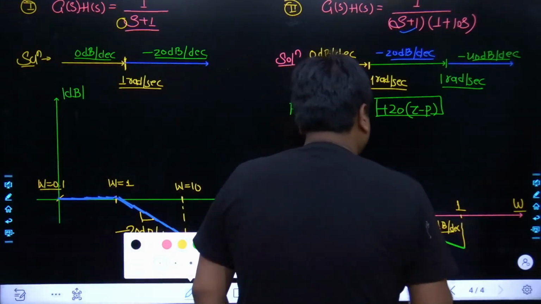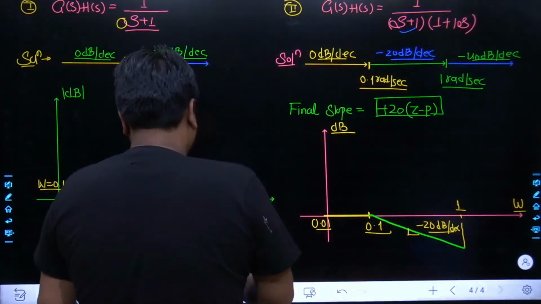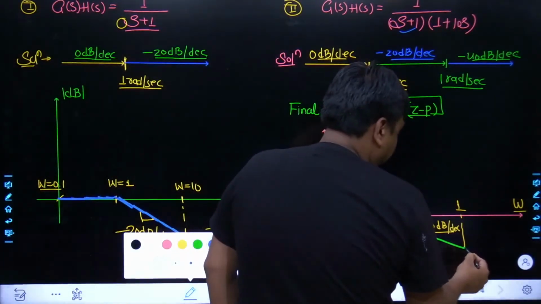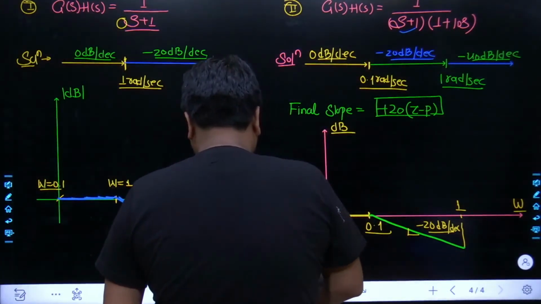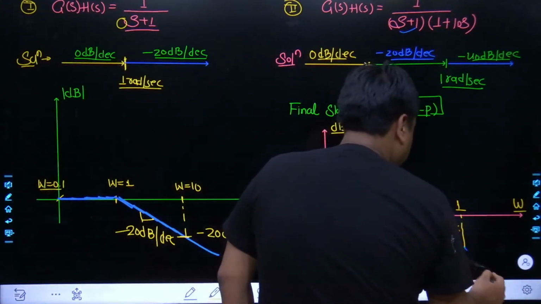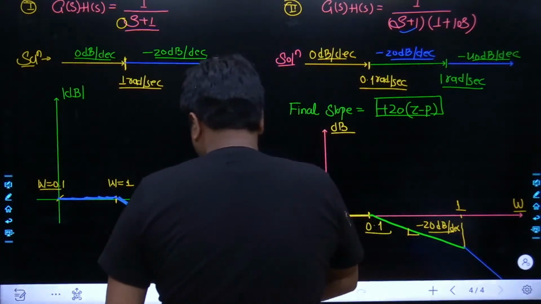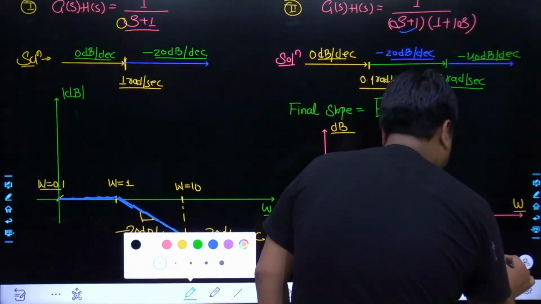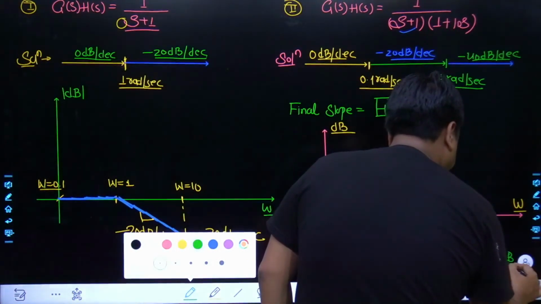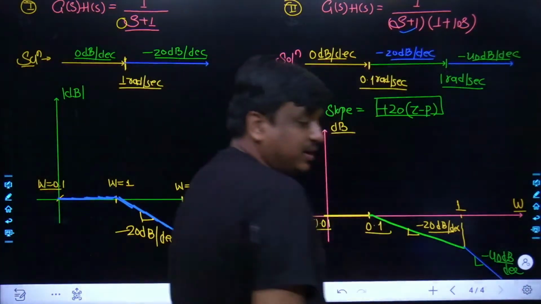The slope changes from minus 20 dB per decade to minus 40 dB per decade. And if we talk about the final slope, obviously, sir, the final slope is minus 40 dB per decade.